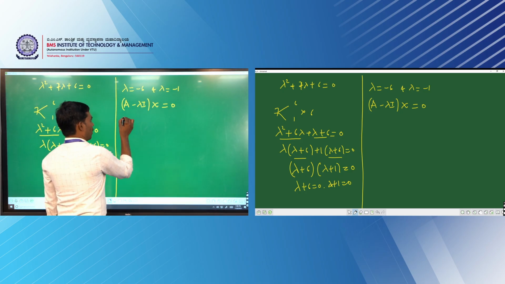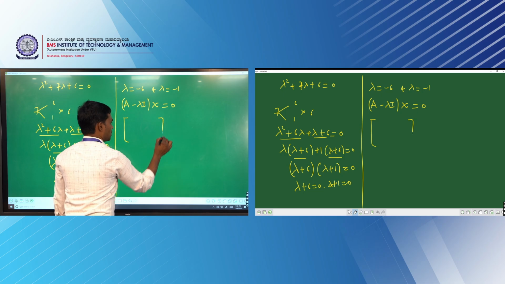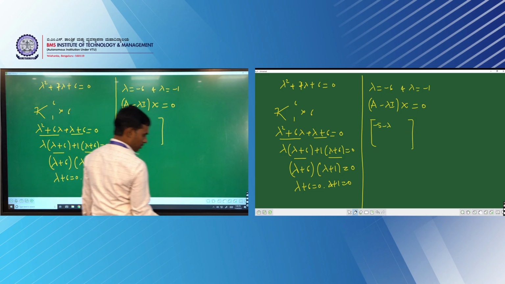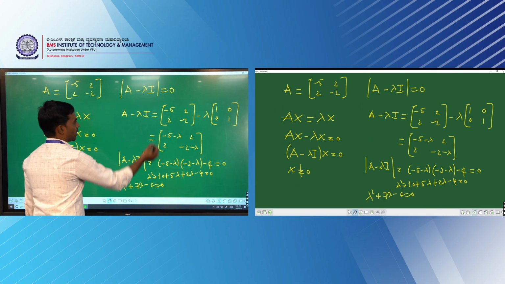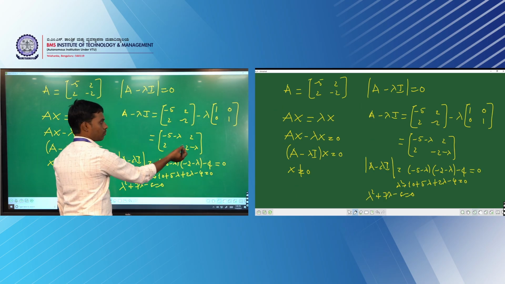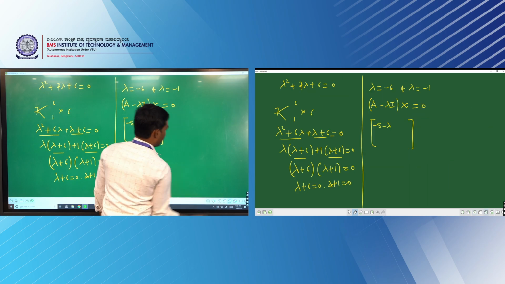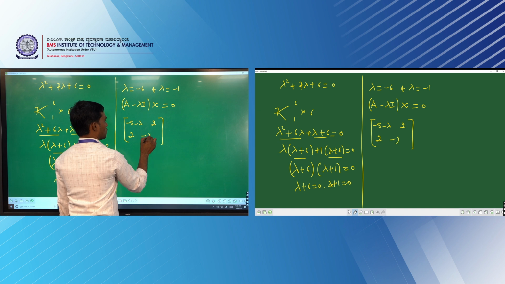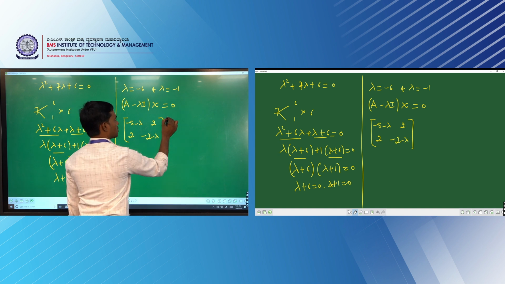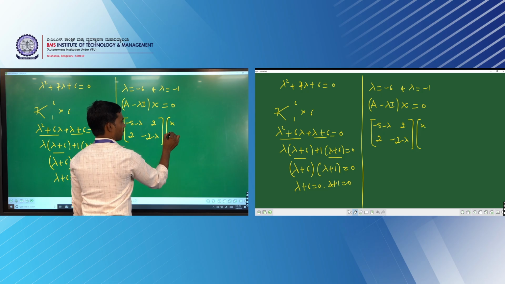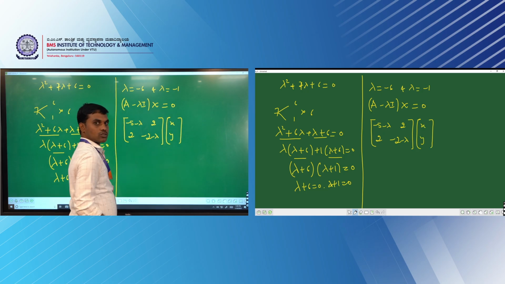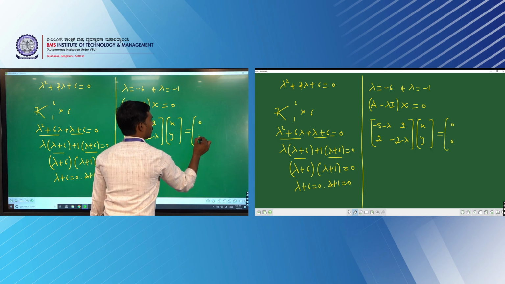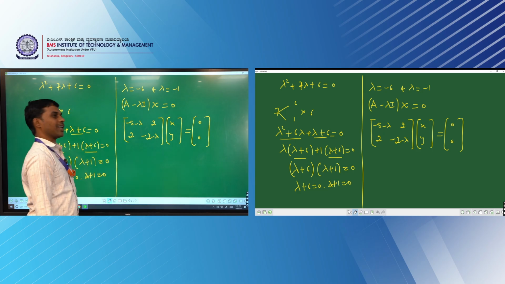So now A minus lambda I is minus 5 minus lambda, 2, minus 2 minus lambda, times the eigenvector x, y. Since it is a 2 cross 2 matrix, equal to zero, we will take it as the column vector 0, 0.